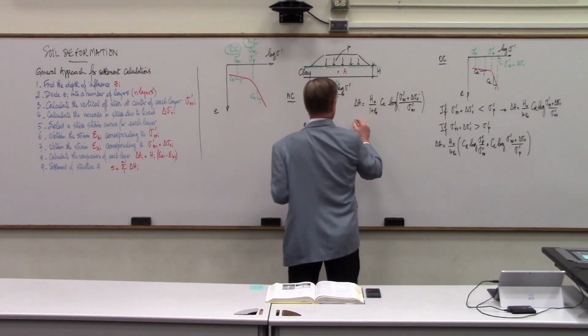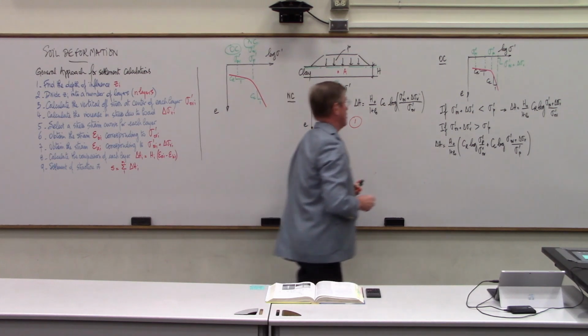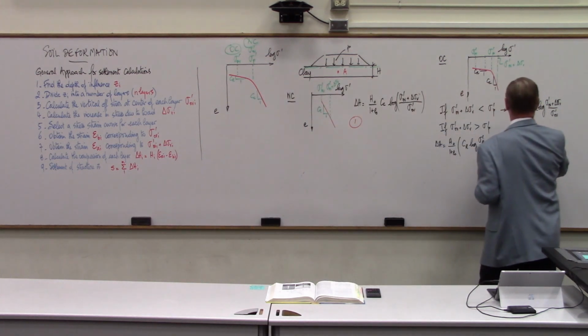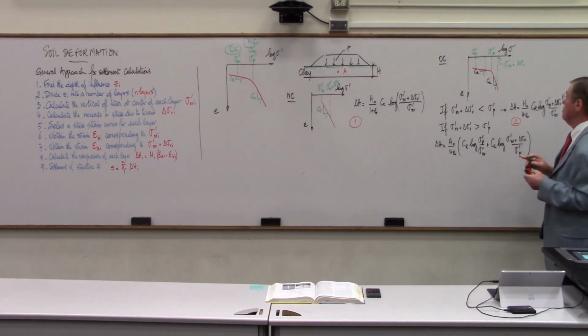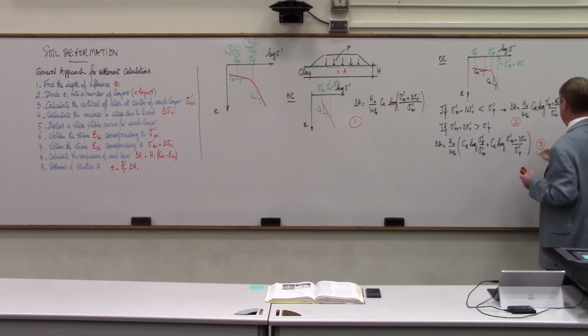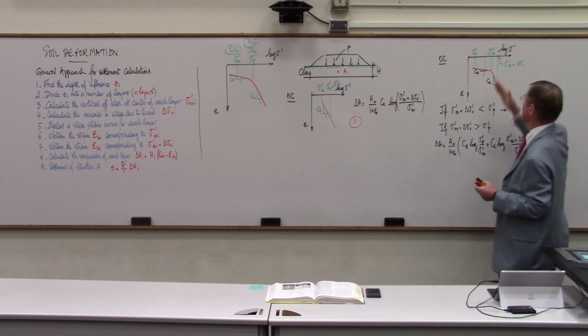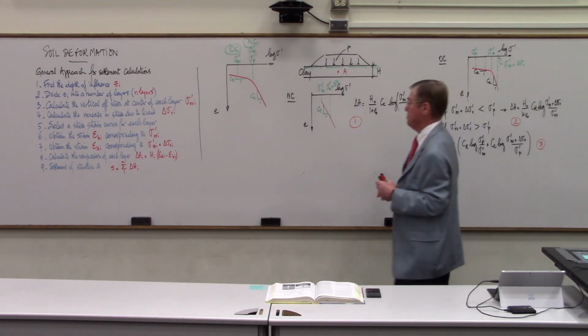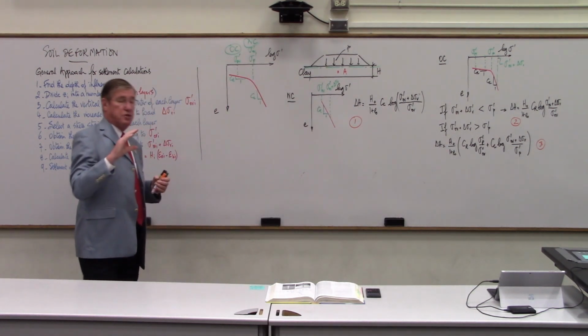You have this case, which is normally consolidated. We have this case, which is over-consolidated, but we keep the increase in stress below the pre-consolidation pressure, or this third case, where it is over-consolidated, but we go beyond the pre-consolidation pressure into the virgin behavior.